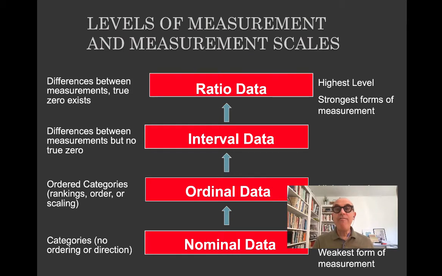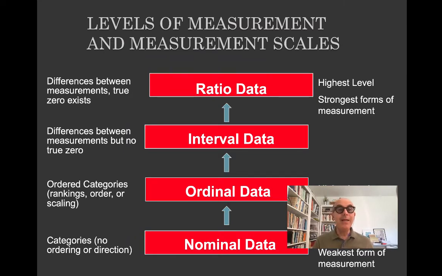The level of measurement and the scale is also part of it. At the lowest level, we have nominal data. And then ordinal data, interval data, and ratio data, which is the highest level. Nominal data is categorical, but there is no order or direction. Ordinal data is based on ranking, order, or scale.